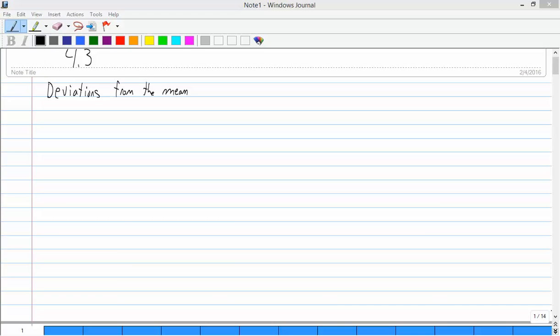Your book goes through one term that you may or may not ever see again, called the mean absolute deviation. So I'm not saying this isn't an important term, but this is definitely not as important as some of the stuff that we're going to go over in just a minute.